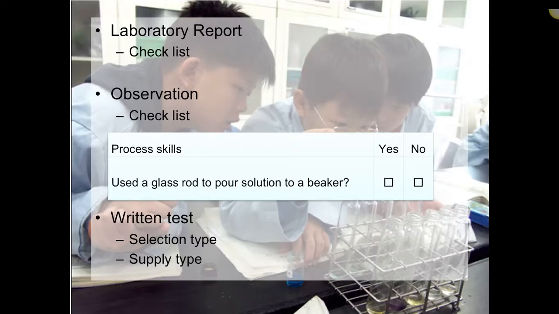Like when they do their own experiments, the lab set they did, and they produce some data, then you can check whether they show some process skills, right? Of course, those checklists you can do by your own observation or through students' lab report or worksheet. Okay.